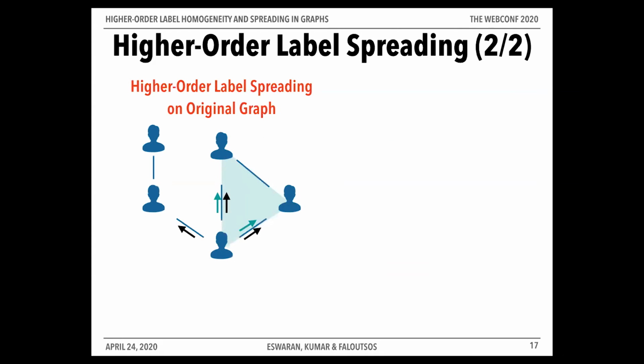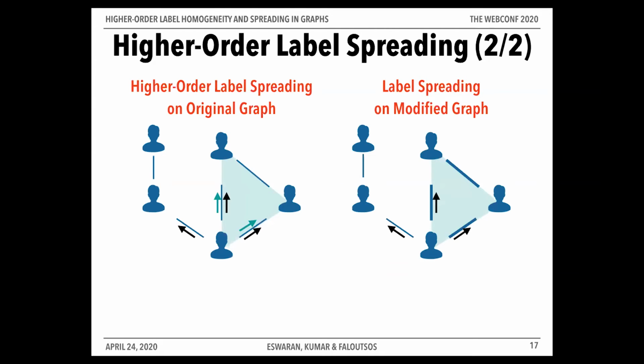Specifically, focusing on the higher order version of the label spreading algorithm, what we are able to show is that higher order label spreading on the original graph is equivalent to label spreading on a modified version of the graph, where the edges have been reweighted based on how many higher order structures they are incident on.